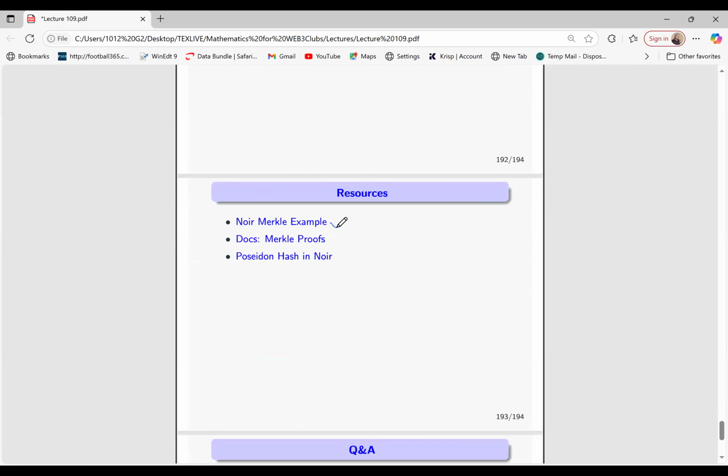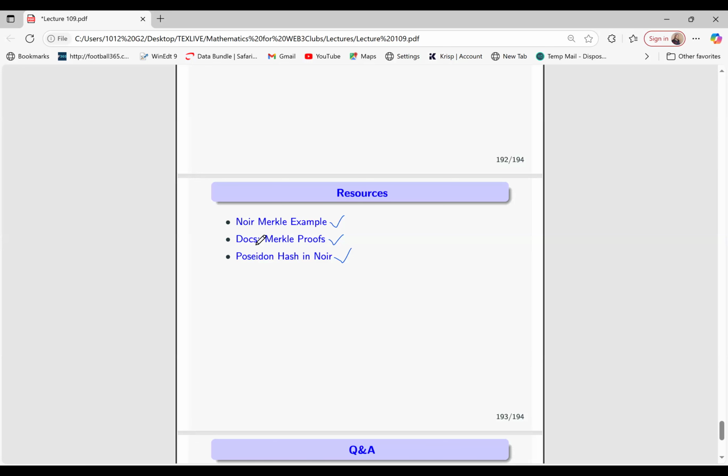To assist you with the above exercises, you can consult these resources. You can consult the Noir Merkle example, if it exists, as they may have changed it. They update their examples all the time, so sometimes examples become outdated and then they are changed.